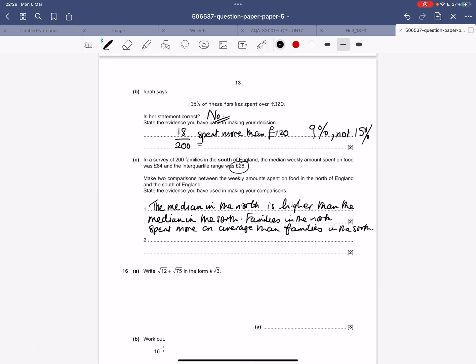So that means there's more variation in the spread of spending by families in the south, as 28 is greater than 22.